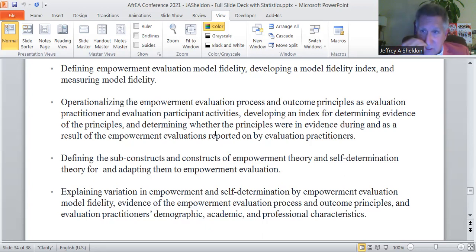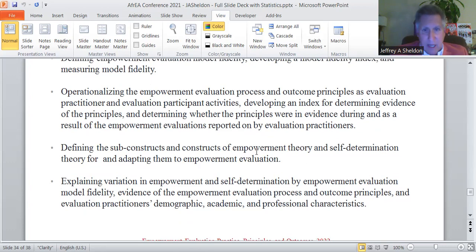Developing an index for determining evidence of the principles and determining whether the principles were in evidence during and as a result of the empowerment evaluations reported on by evaluation practitioners. Defining the subconstructs and constructs of empowerment theory and self-determination and adapting them to empowerment evaluation without losing validity.